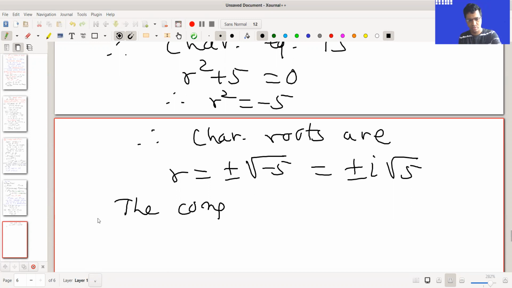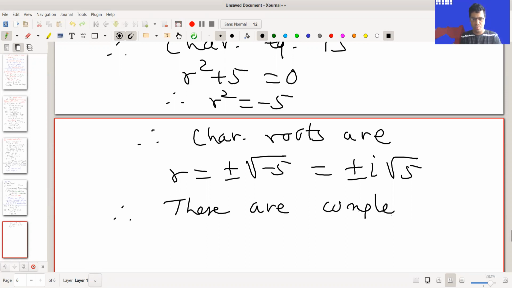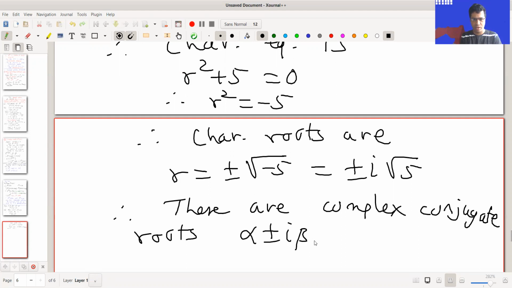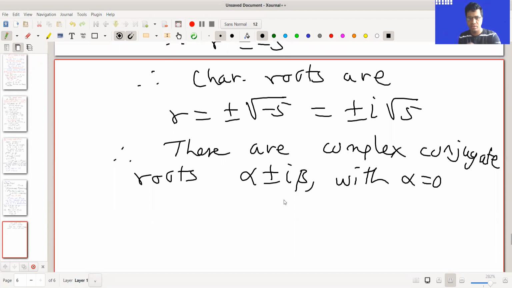Therefore there are complex conjugate roots alpha plus minus i beta with alpha equal to 0 and beta is square root 5.